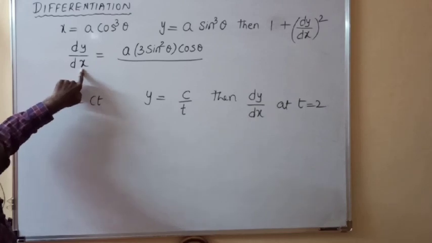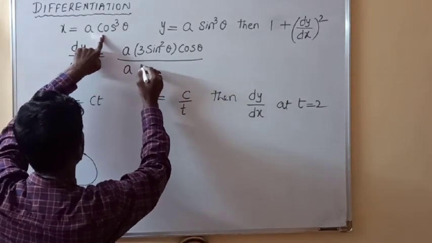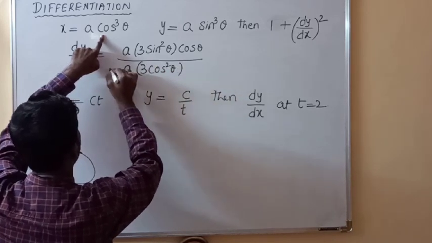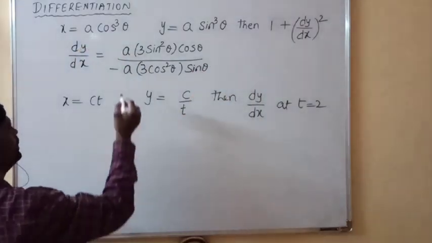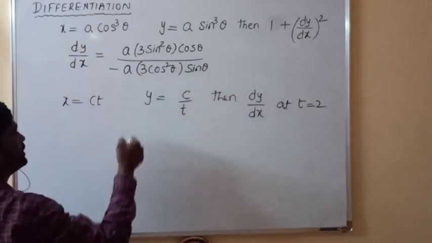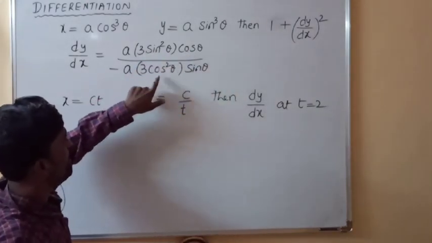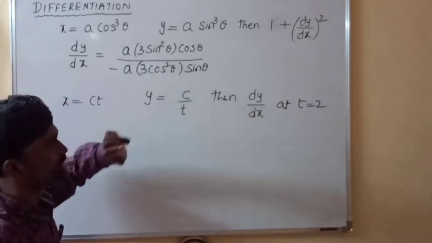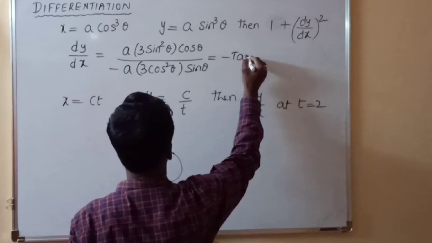So x derivative with respect to theta: a into cos cube derivative, 3 cos square theta into the cos theta derivative, minus sin theta. Now here a gets cancelled, 3 gets cancelled, one sin theta gets cancelled, cos theta gets cancelled. Then what is left? Minus sin theta by cos theta, that is equal to minus tan theta.